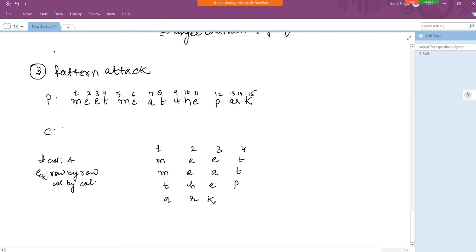Column by column will be M, T, A, E, E, H, R, E, A, E, K, and T, T, P. So that will be your ciphertext.